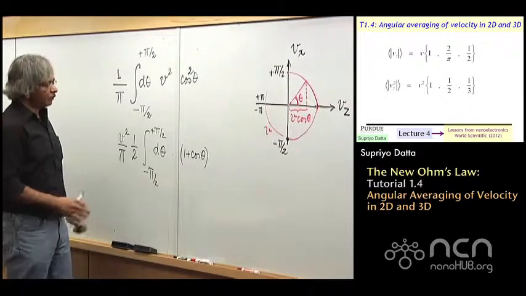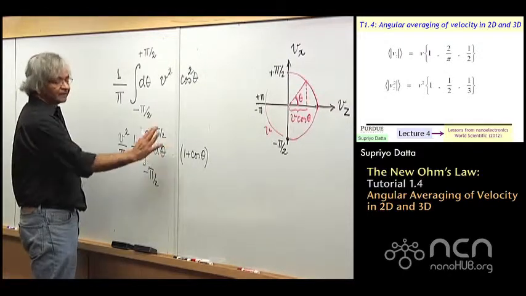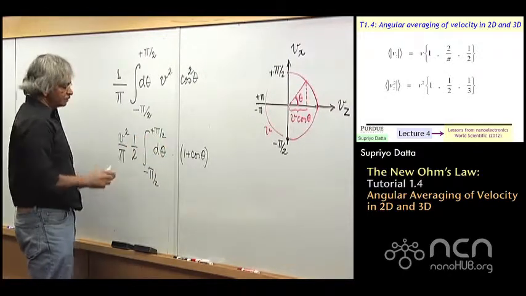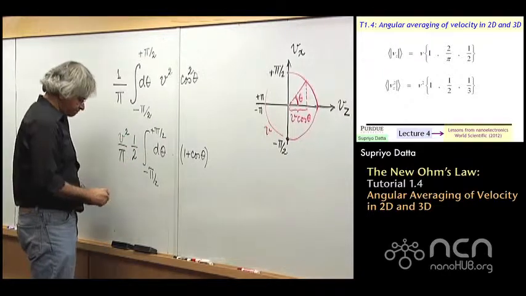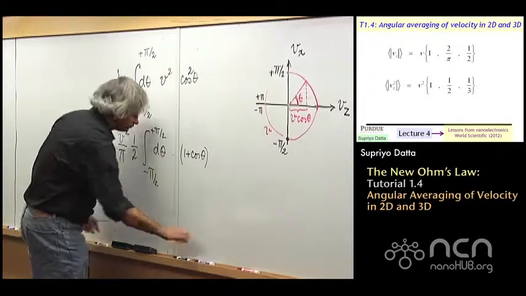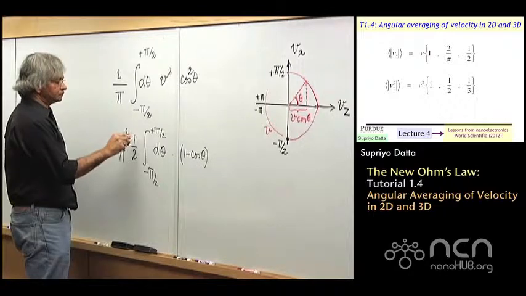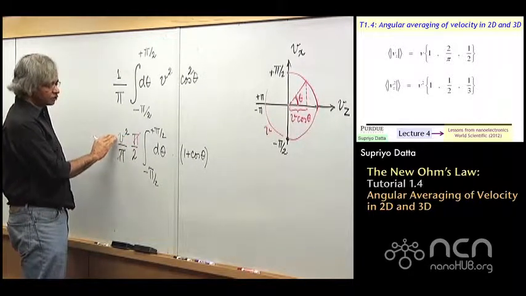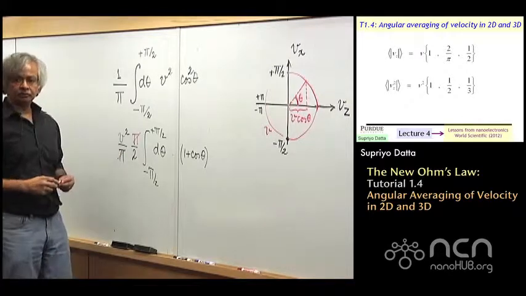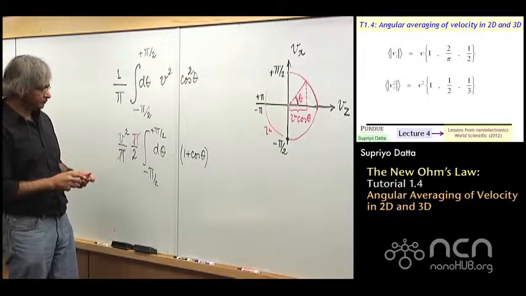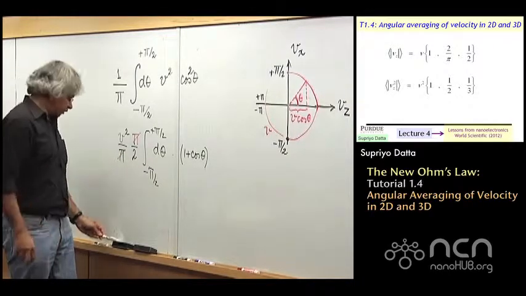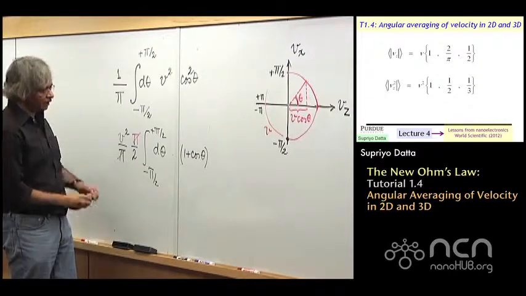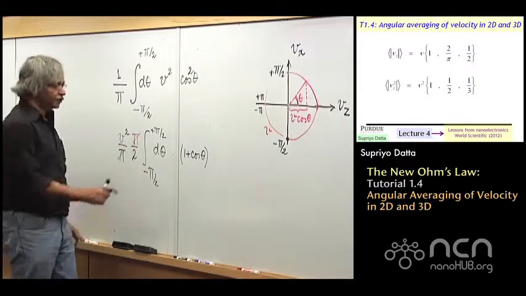See? And what you can show then is that when you do this integral, you should get pi, and that pi will cancel this, and so you'll have V squared divided by 2. Actually I just said something a little wrong, let me correct it.